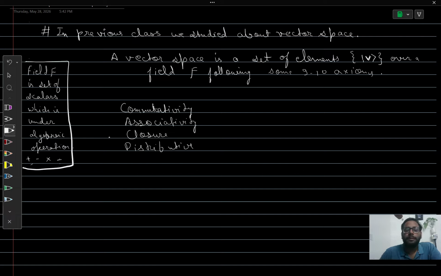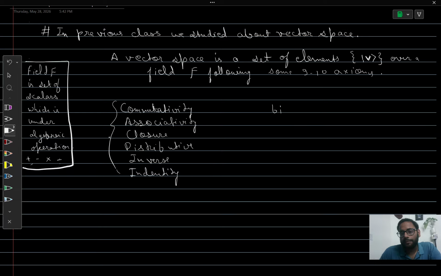What else? It can be inverse, it can be identity. These are the things we usually study in mathematics. So there are two operations, or two functions.